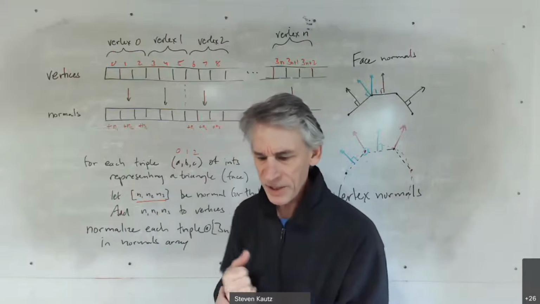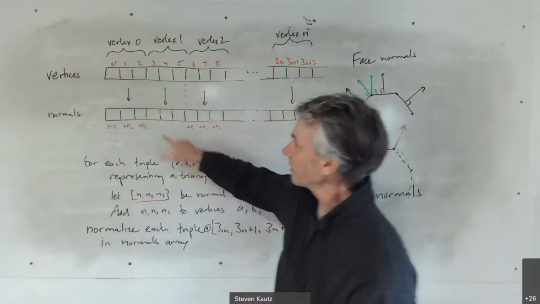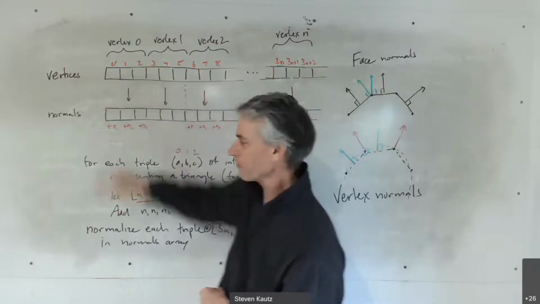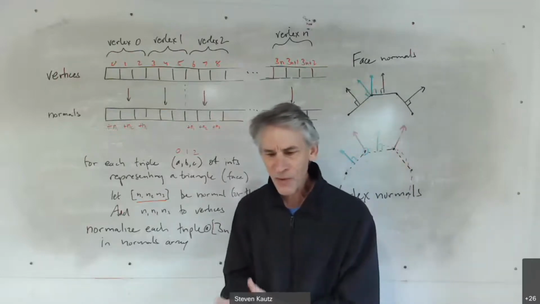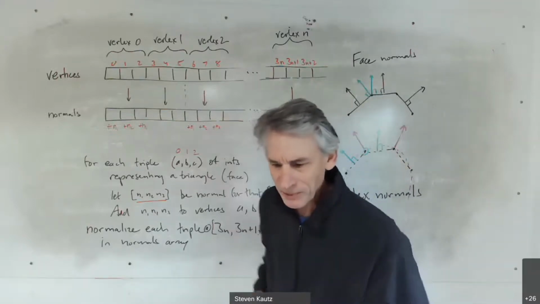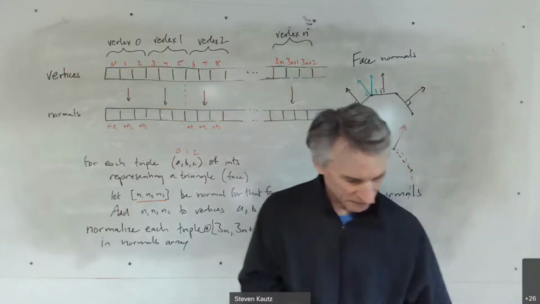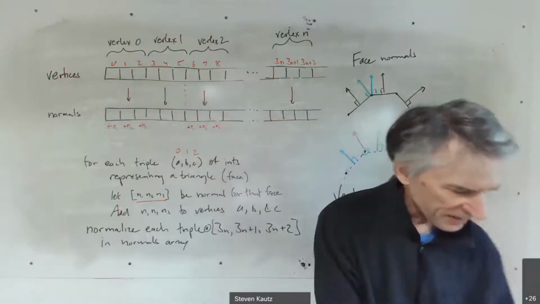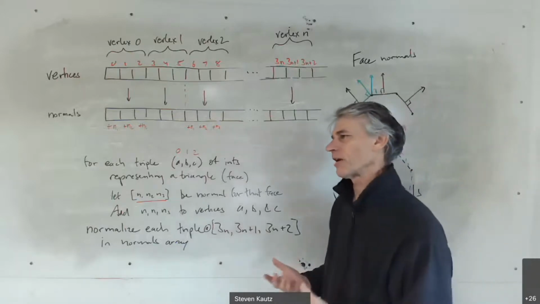So A, B, and C are just indices. So literally, when it says a 0 here, it means the vertex 0 in my array. Anyway, I think this is a good thing to think about: how normal vectors are actually generated.